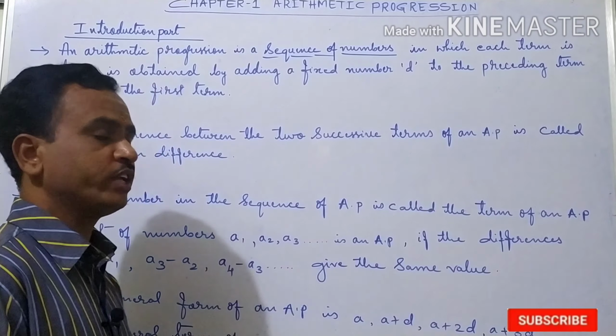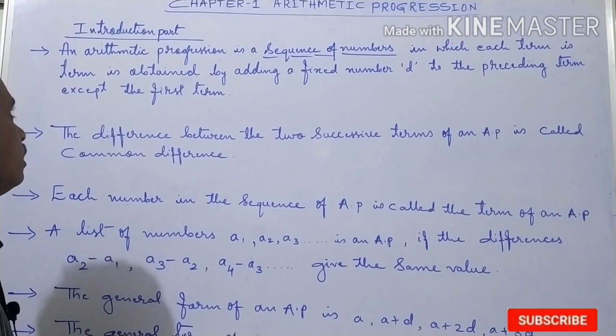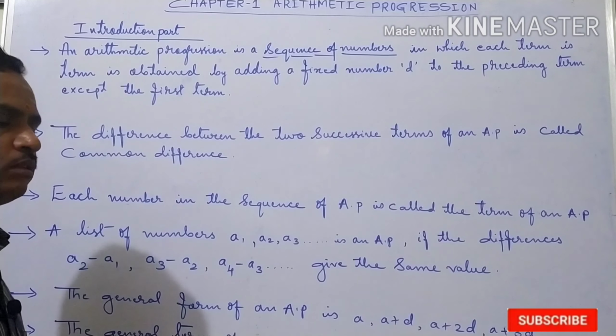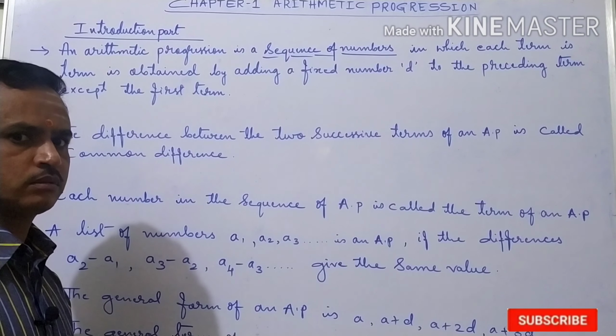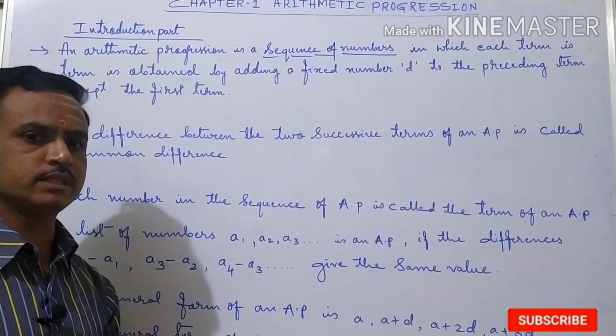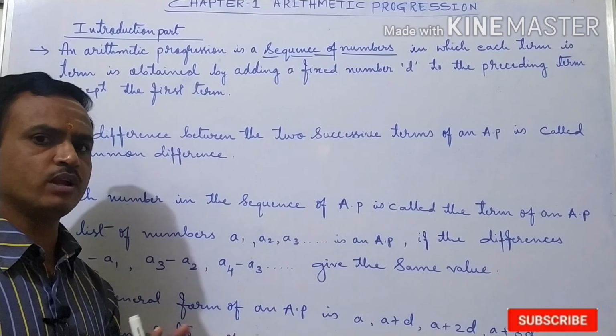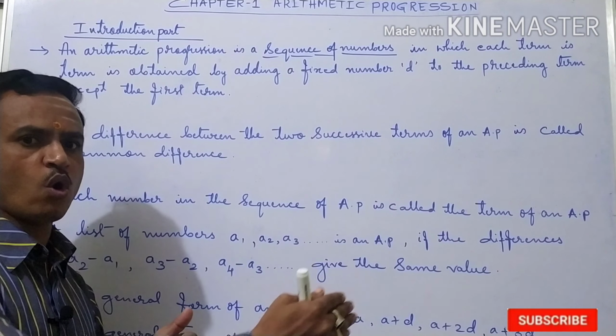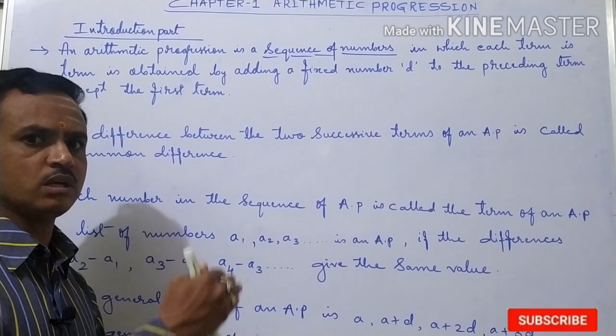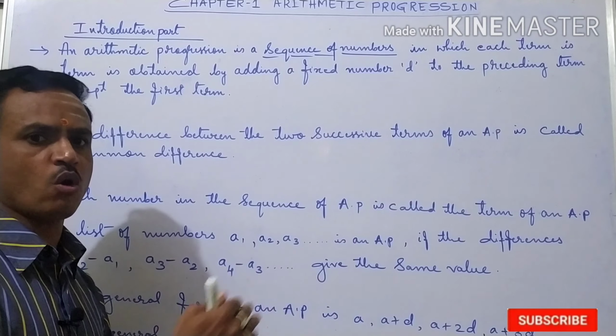So first point, what is given here? An arithmetic progression is a sequence of numbers. Sequence of numbers means numbers are arranged in a particular order.